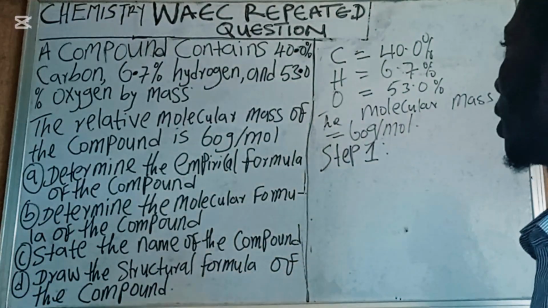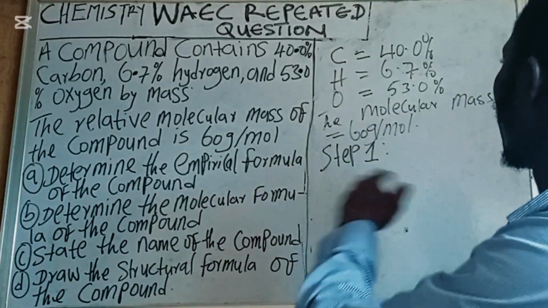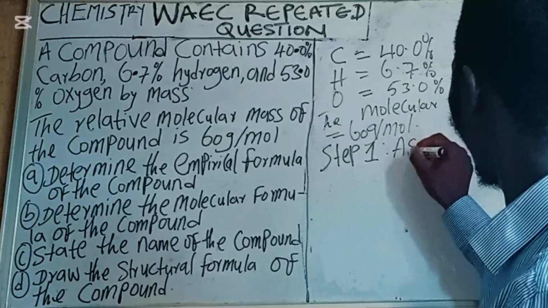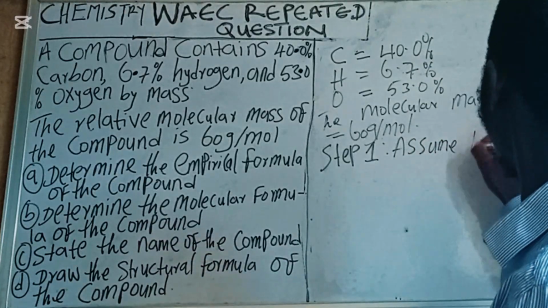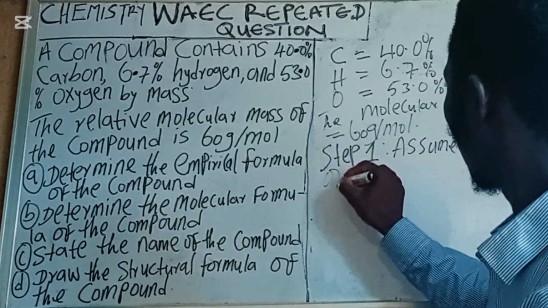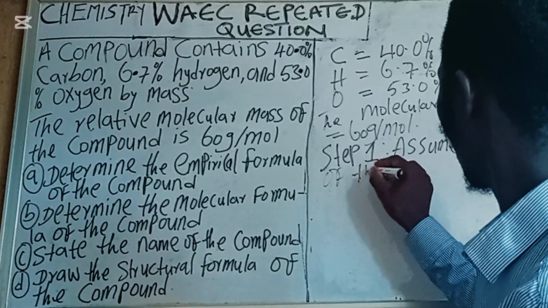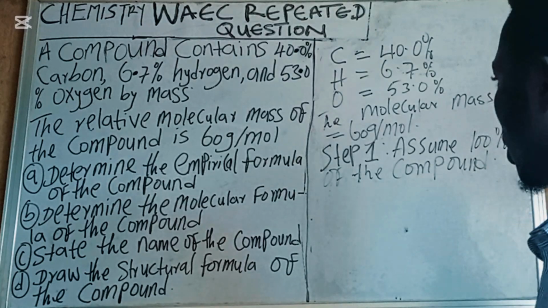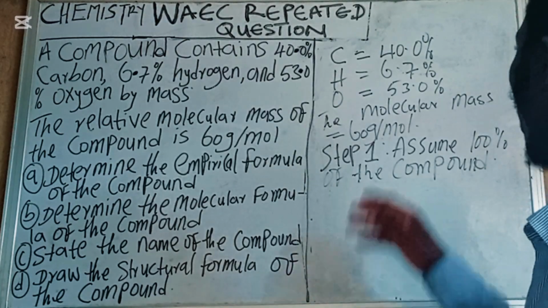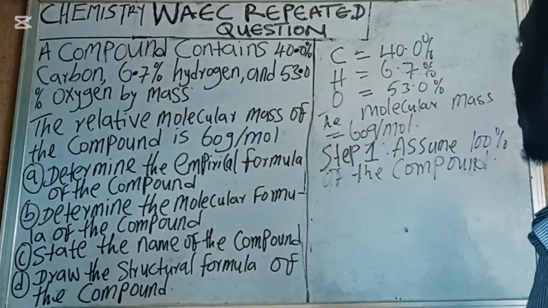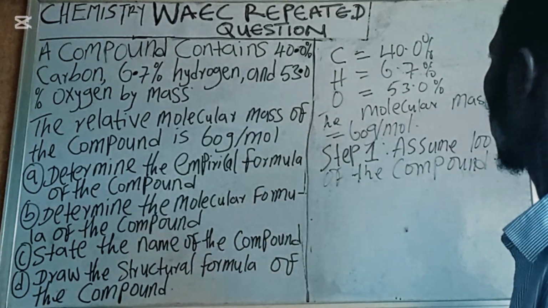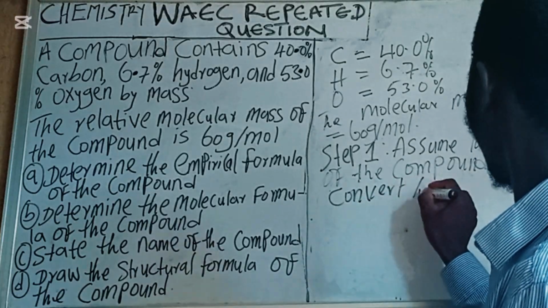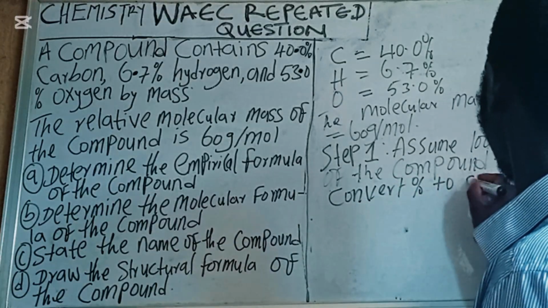In step 1, the first thing you will do is convert the percent to grams. So assume 100 grams of the compound. Our elements have their values in percent, so we have to convert them to grams.